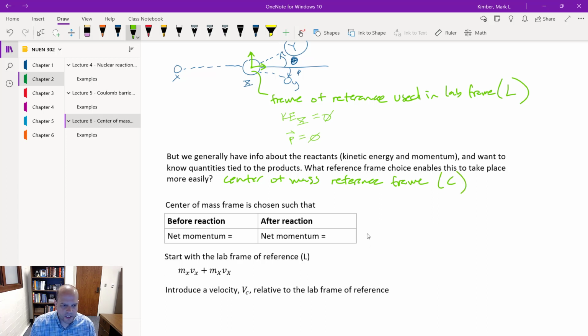And we're going to use a capital C for that. And this is also called center of momentum. And so rather than have the reference frame be tied to the target, we're also not going to have it tied to the projectile, but we're going to have it somewhere in between those two.